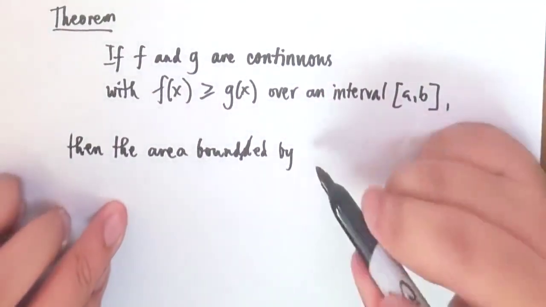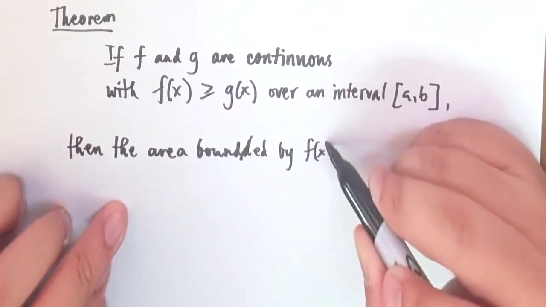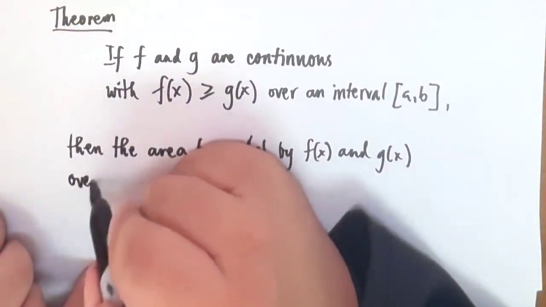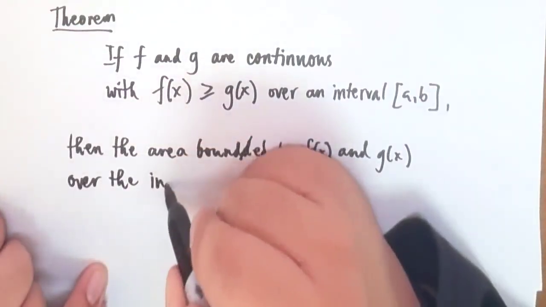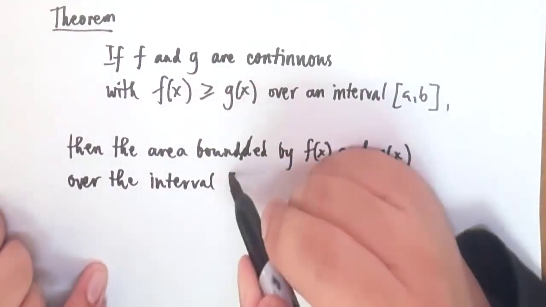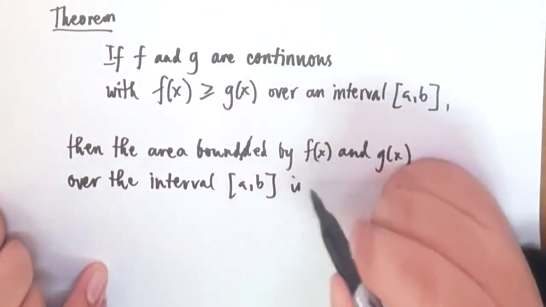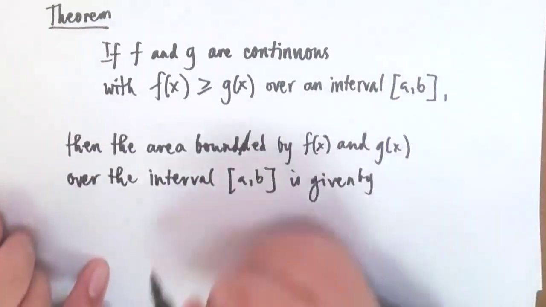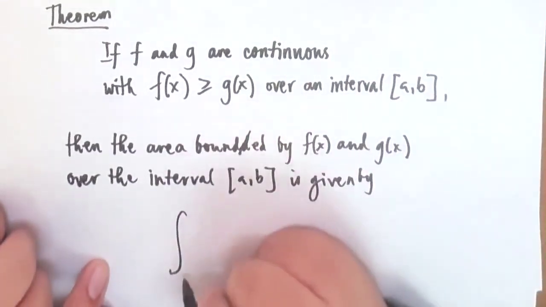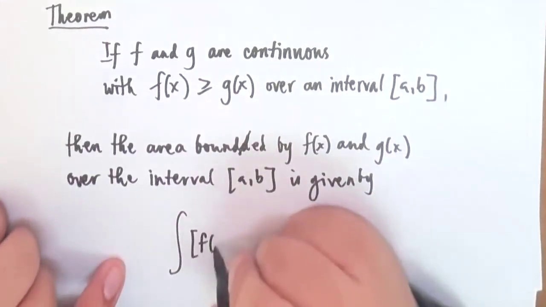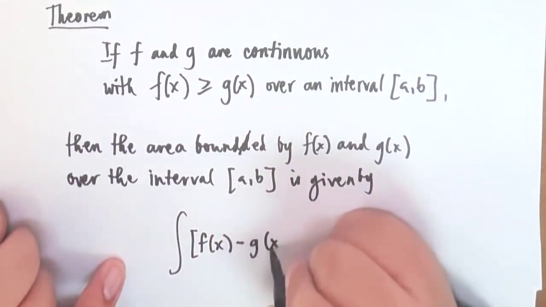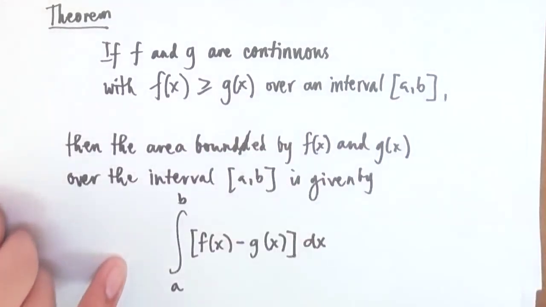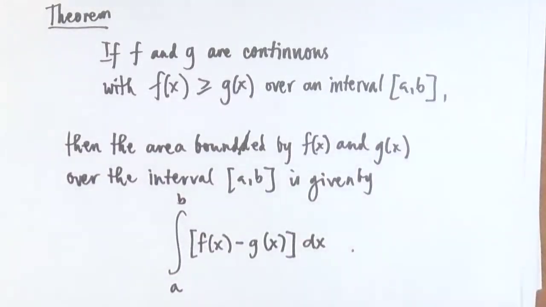Bounded by f of x and g of x over the interval AB is given by the integral of f of x minus g of x dx from A to B. Okay.